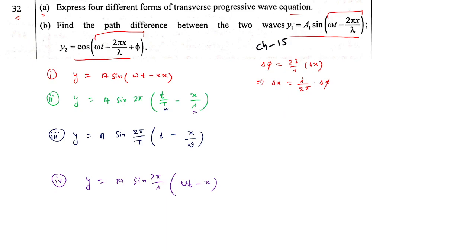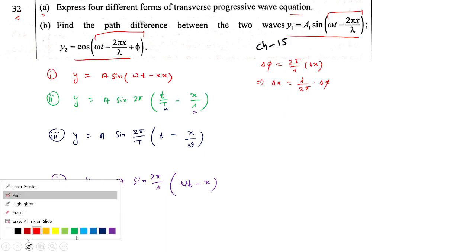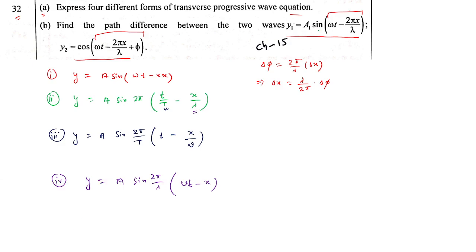But before doing that, always check if the functions are the same. Here the functions are different. One is sine, another is cosine. So we can't subtract these phases directly. First we have to convert this sine to cos, or convert this cos into sine.